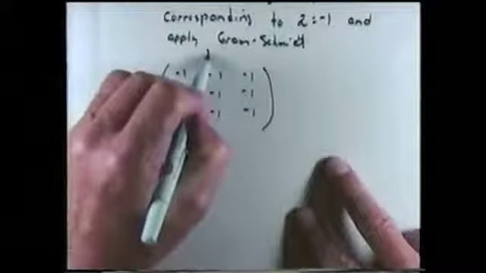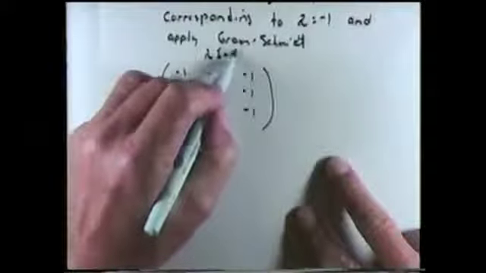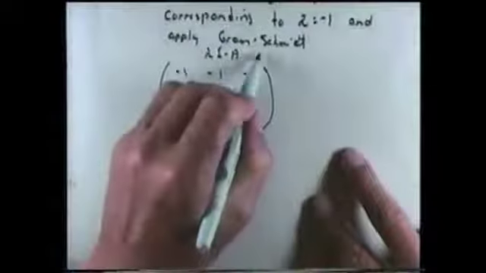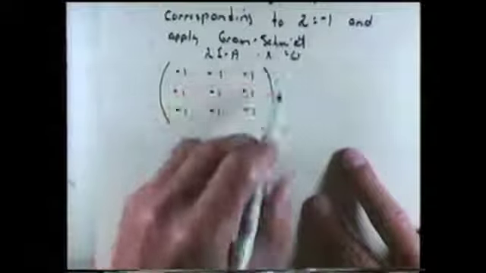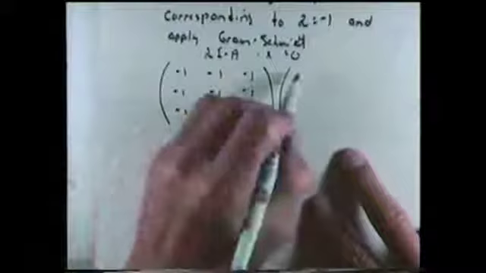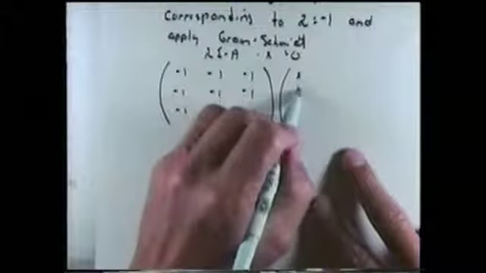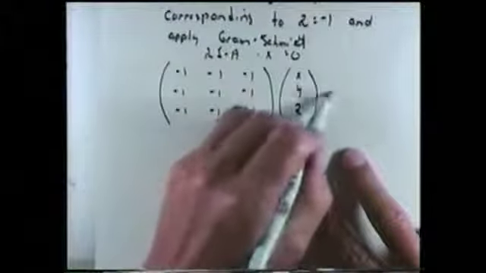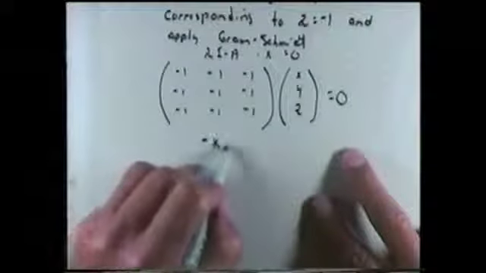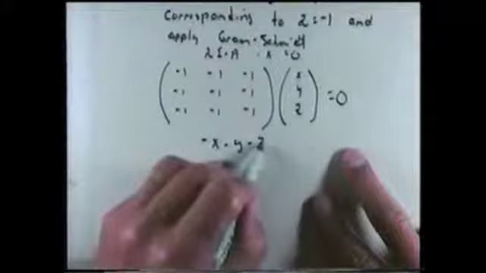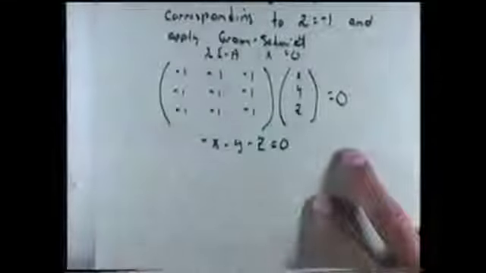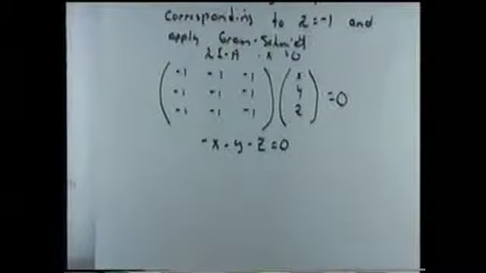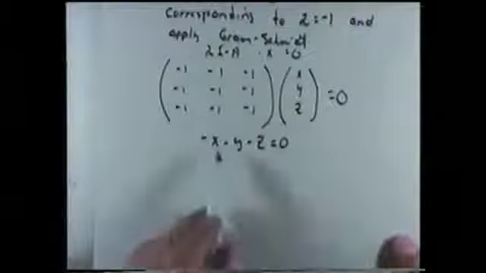Now remember, this is lambda I minus A times x is equal to 0 is what I'm solving. So the eigenvector would be x, y, z equal to 0. Well, I'm going to get negative x minus y minus z equals 0 all 3 times. So I need to create two solutions from this one.